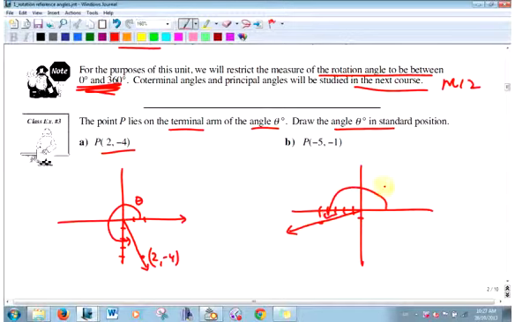Here is angle theta. Tomorrow or the next day, we'll actually calculate what this angle is. But today, let's not worry about it. Okay, let's write the coordinates. What quadrant is that? 3, right? Okay.